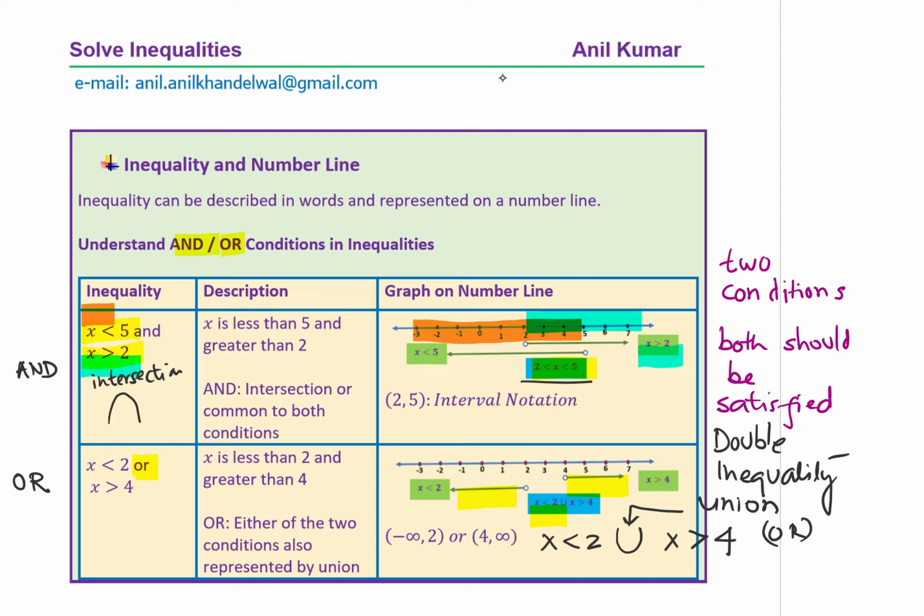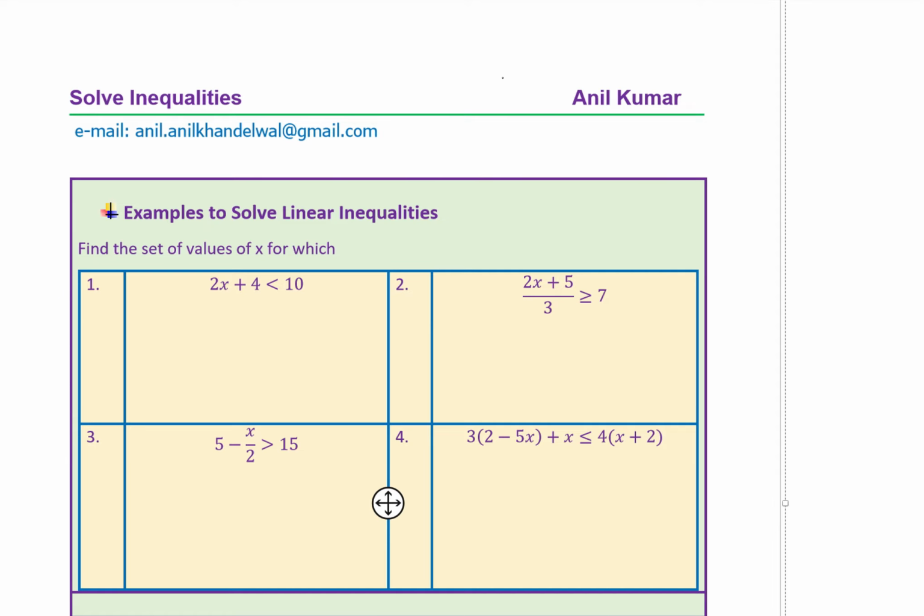So that gives you a good foundation to begin with some examples based on inequalities. So let's take up the very first example, which is a set of 4. Here we really have 4 examples. The first one is 2x plus 4 is less than 10. Second, we have changed the equation, complicated with some rational functions, right?